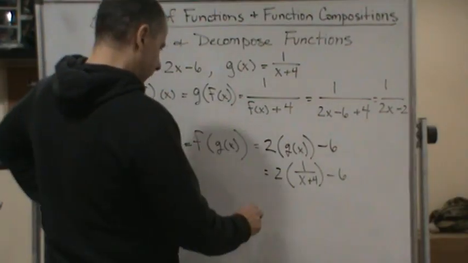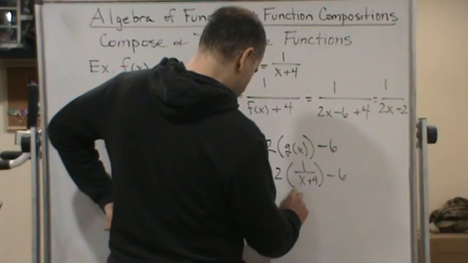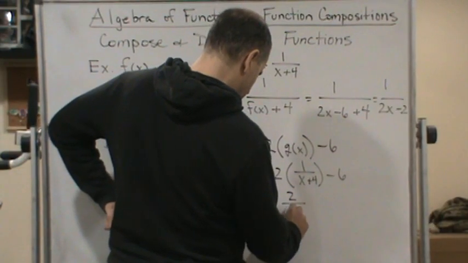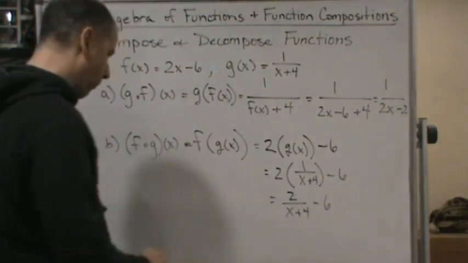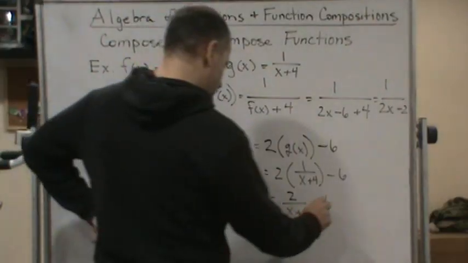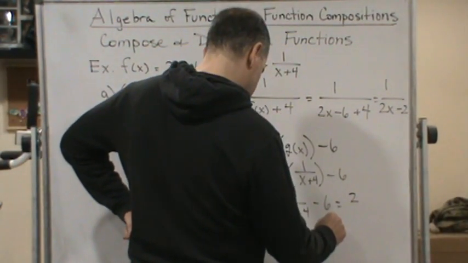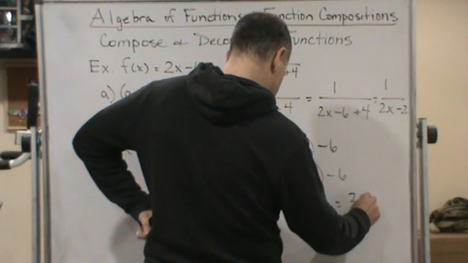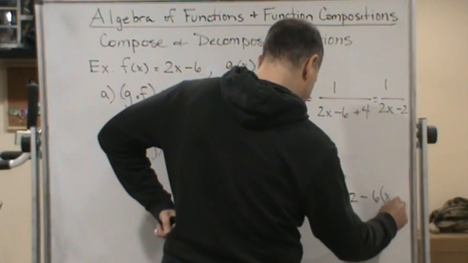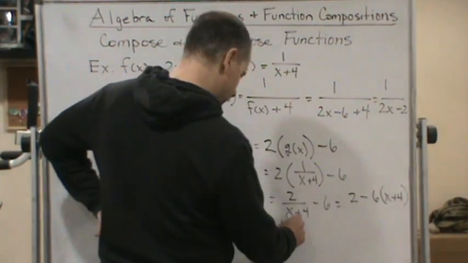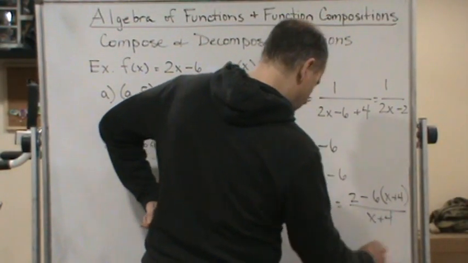Okay? And so now if I simplify this, so this will be 2 over x plus 4 minus 6, which is going to give me what? It's going to give me 2 minus 6 times x plus 4, right? Because I'm getting a common denominator. So that'll be x plus 4.